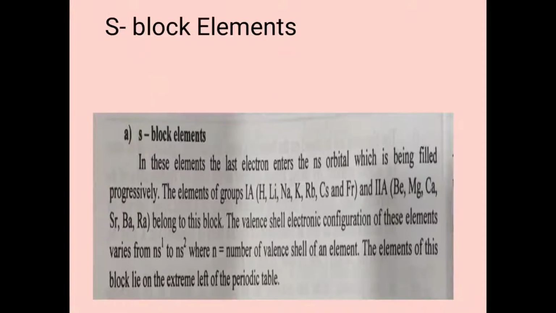The valence shell electronic configuration of these elements varies from ns1 to ns2, where n is the number of the valence shell of an element. The elements of this block lie on the extreme left of the periodic table.